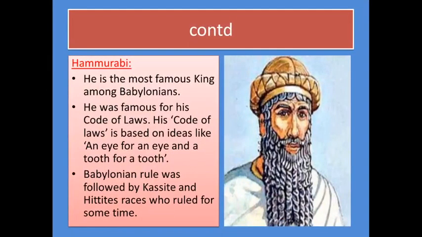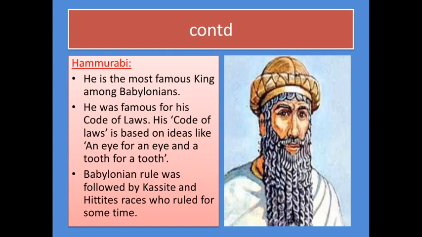Let me continue with Hammurabi. Hammurabi was a famous king among the Babylonians. He was famous for his code of law. His code of laws is based on ideas like an eye for an eye and a tooth for a tooth.